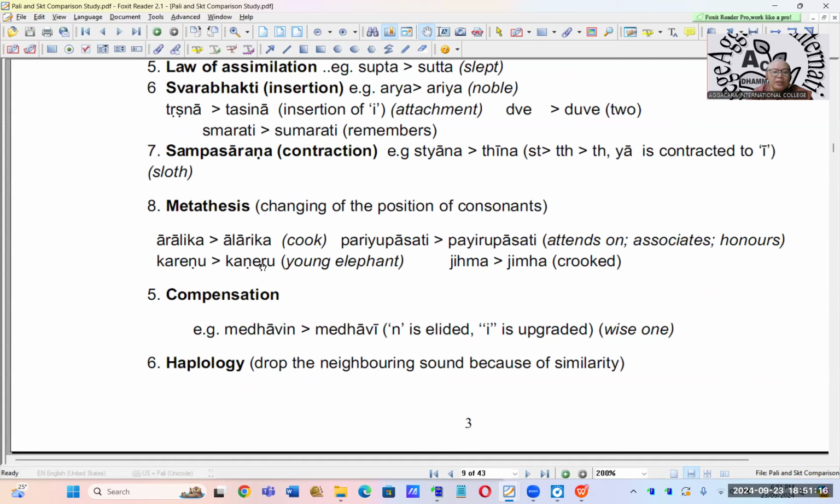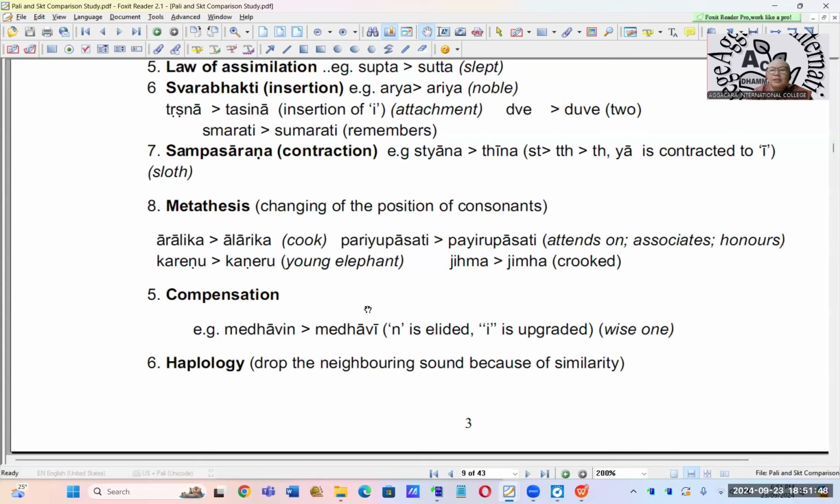Careno, Caneru. So R, due to R, I would say most of the time due to R. So can change the place. And also due to H, Jifma, Jimha. So due to H also. Pari Pasati. So Pari Pasati due to R also. And this also another one we see compensation. When you remove the N, you have to compensate. So the I become long I here.